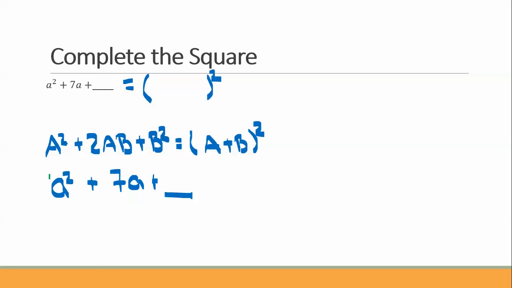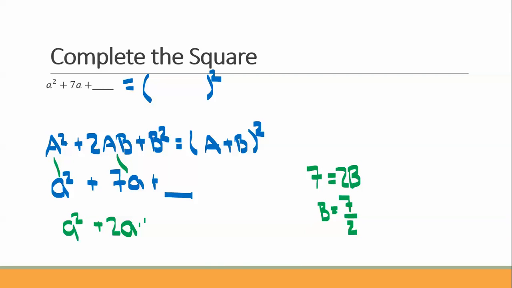Well, our a squared and little a squared are the same, so our a and a are going to be the same. So we want 7 to be equal to 2b, so b is going to have to be 7 halves. And fractions are okay. So this we can convert to a squared plus 2a times 7 halves. 2 times 7 halves is 7, plus, now we need to do 7 halves squared.